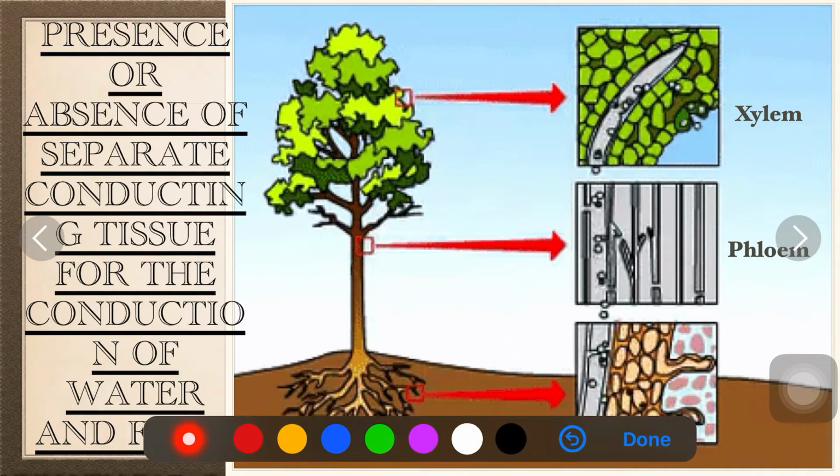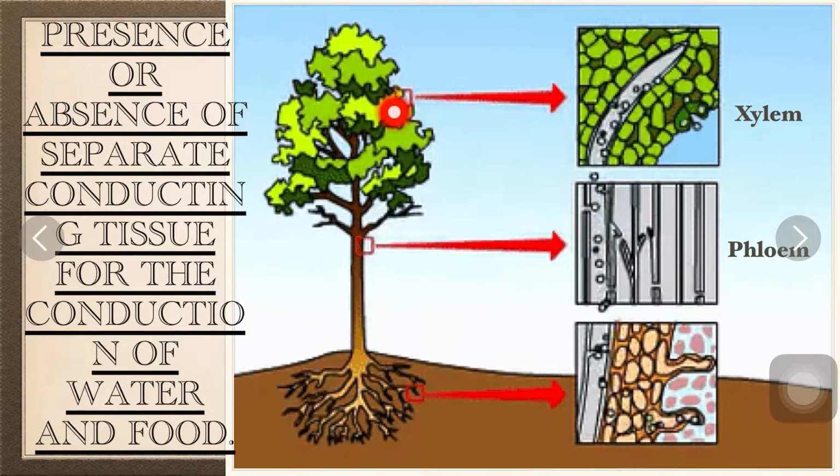So the next criteria, that is the second criteria for the classification of plants, is presence or absence of separate conducting tissues for conduction of water and food. Students, there are two conducting tissues in plants, that is xylem and phloem. Xylem transports water and soluble mineral nutrients from roots to various parts of the plant.